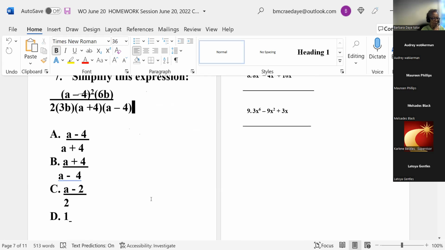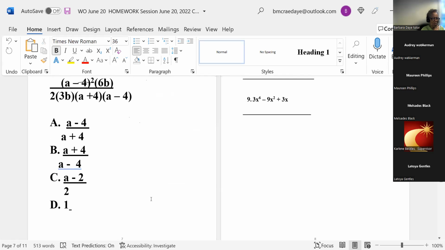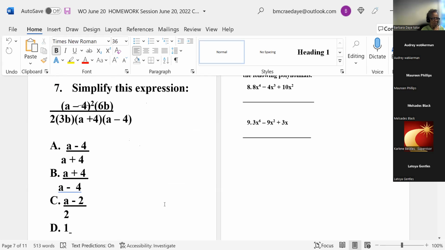We want to simplify. So what would you simplify first here, Audrey? Number 7, right here. What do you see the same in the numerator and the denominator?